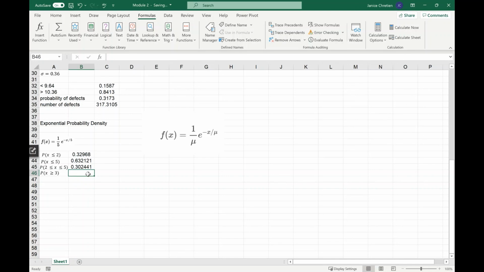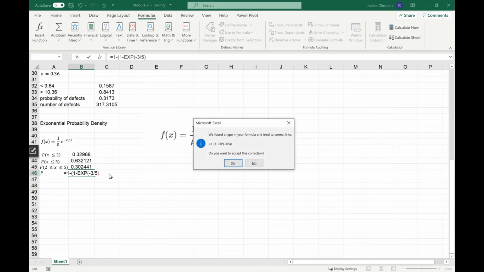Now, in this one, because I'm working the formula for when x is greater than, the formula is just a little bit different. So what I'm going to do is say equals 1 minus, then in my parentheses, 1 minus exp, negative 3 divided by 5.